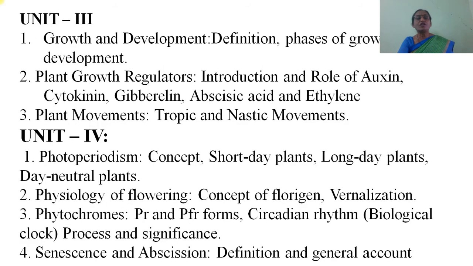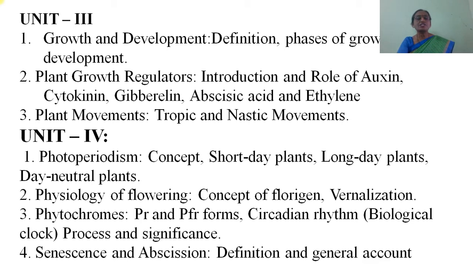The third unit of this paper includes first topic growth and development, which consists of definition, phases of growth and development. Then second topic is plant growth regulators, introduction and role of auxin, cytokinins, gibberellins, abscisic acid and ethylene. The third topic of this third unit is plant movements, which includes tropic and nastic movement.